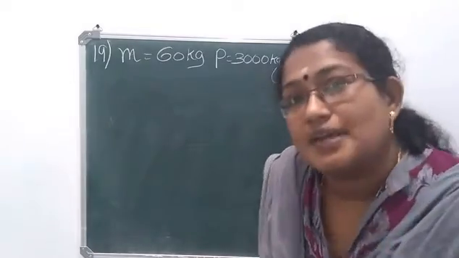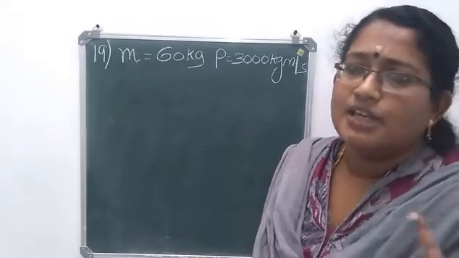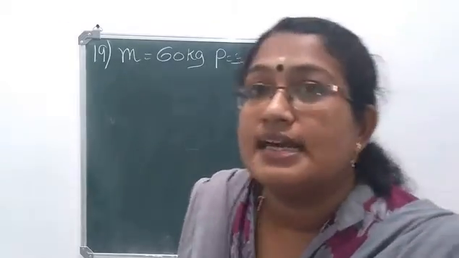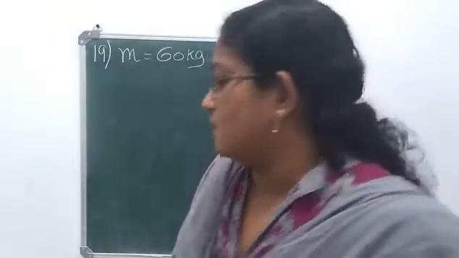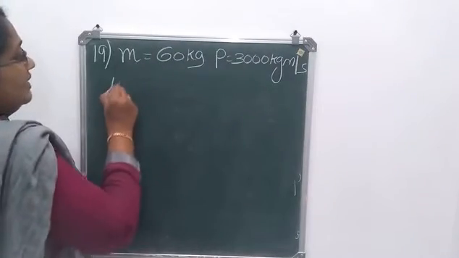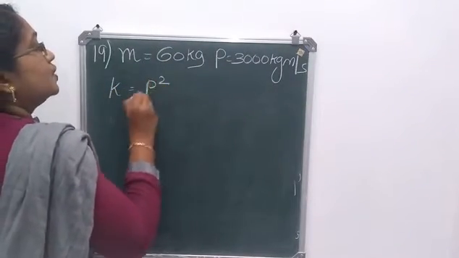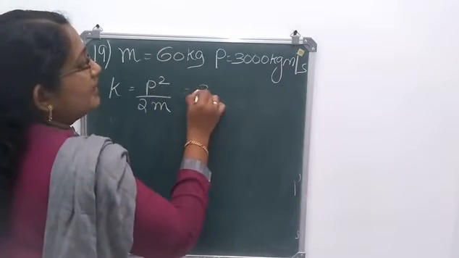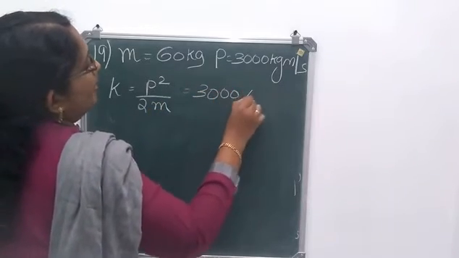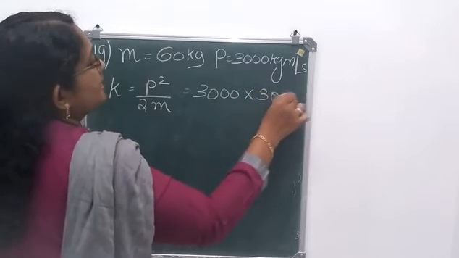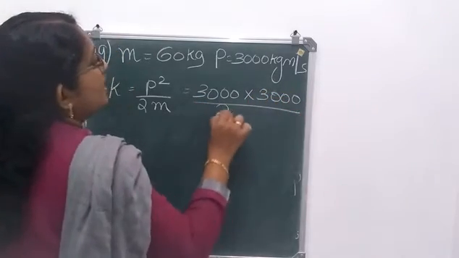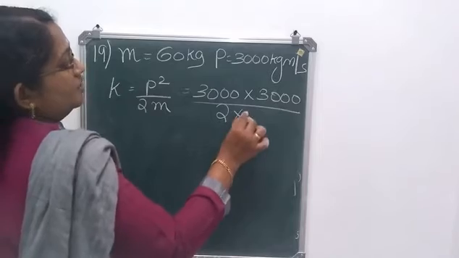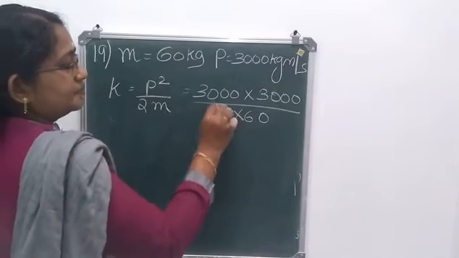We are asked to calculate the kinetic energy. I told you to underline a relation connecting kinetic energy and momentum. What was that? Kinetic energy is equal to P square by 2m. So P is 3000. P square means it is 3000 into 3000 by 2 into 60.